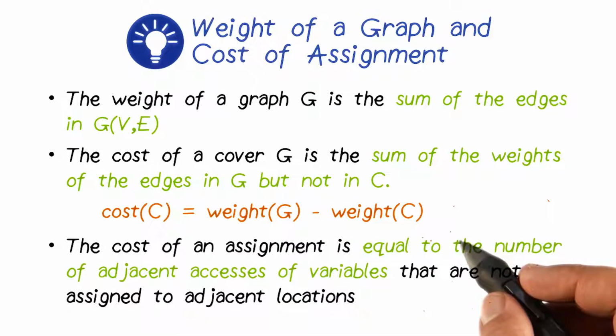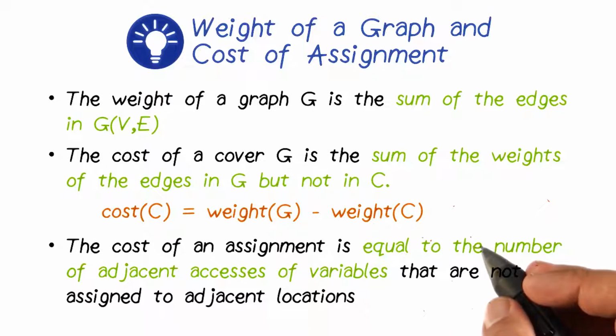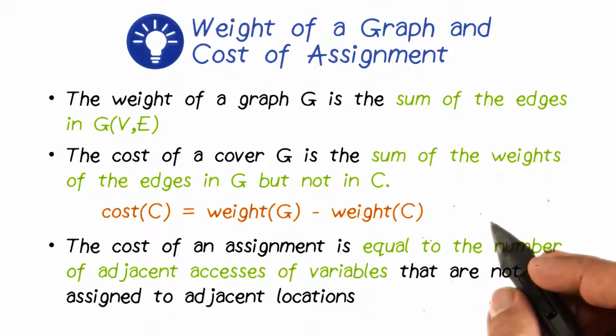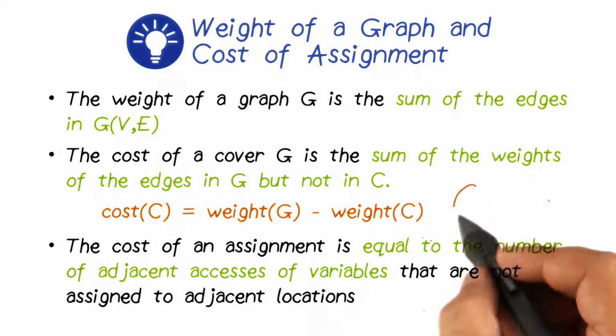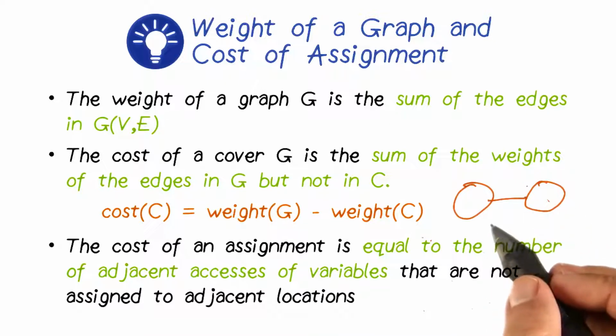So in terms of our abstraction here, the cost of a storage assignment is equal to the number of adjacent accesses of variables that are not assigned to adjacent locations. This is an important point: if we have 2 accesses with a certain frequency associated with them, it means that we are going to go from this location to that location with that frequency.